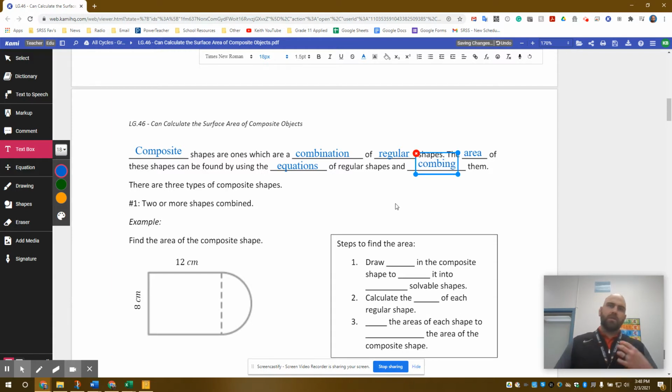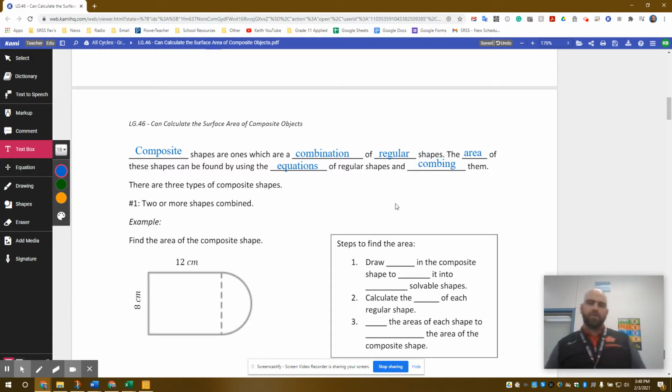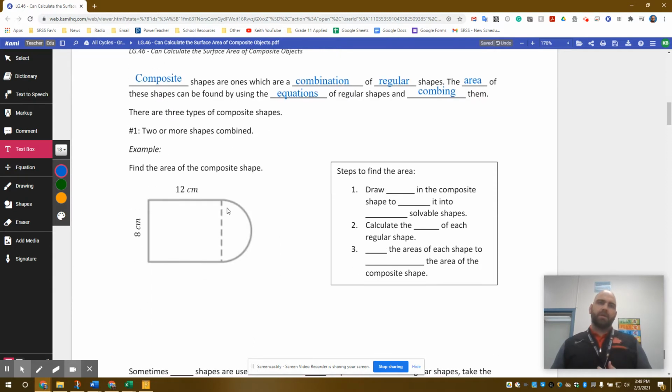If we want to find the area of a composite shape, we start by finding the regular shapes that are in there and then moving that into the entire shape. And we're going to be taking a look at a few different examples of that, and we're going to start here right away with example number 1.